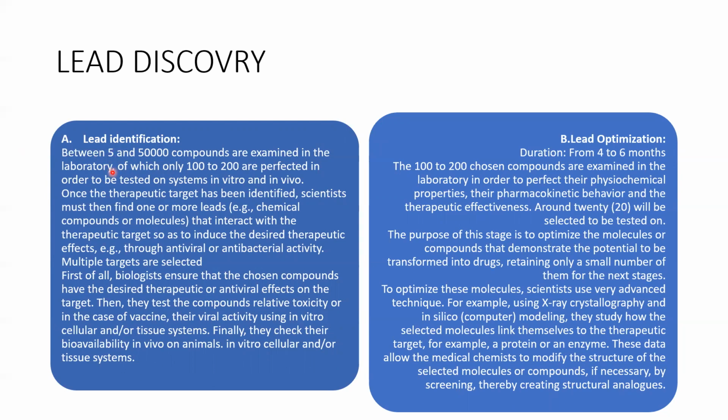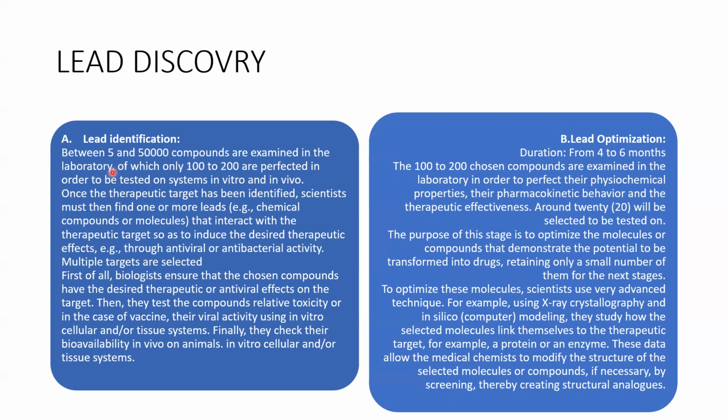Once the therapeutic target has been identified, scientists must find one or more leads, that means molecules that can interact exactly with the target. Multiple targets are also sometimes selected to get better results. First of all, biologists ensure that the chosen compounds have the desired therapeutic or antiviral effects on the target.